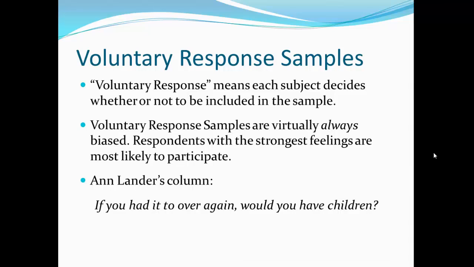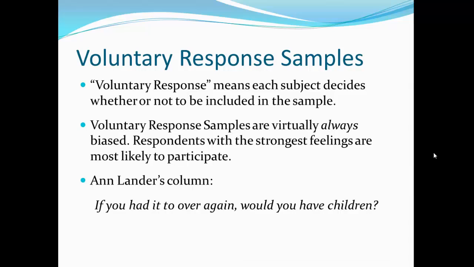So how can we choose individuals to be in a sample? Well, one of the first things that many people will try is called a voluntary response sample. That means that each subject, each person, decides whether or not they're going to be included.